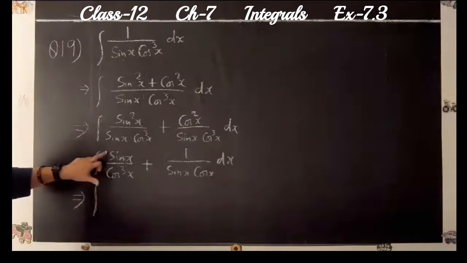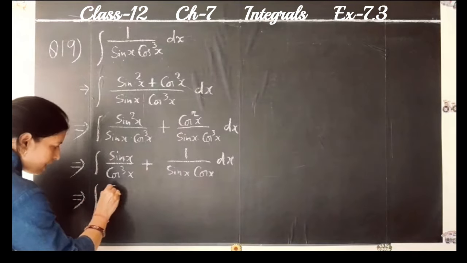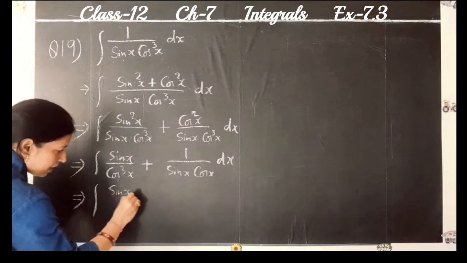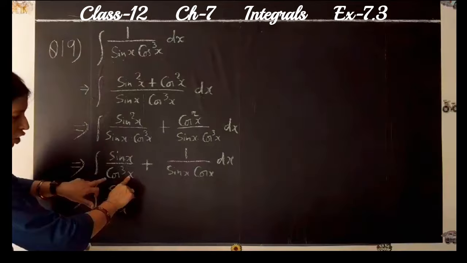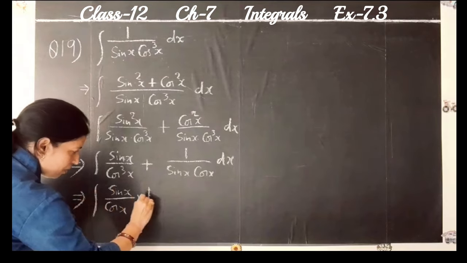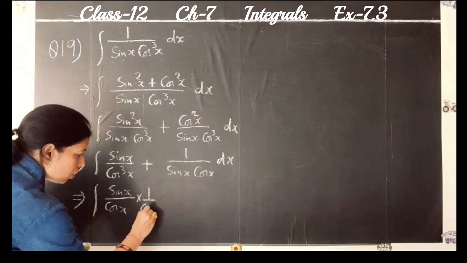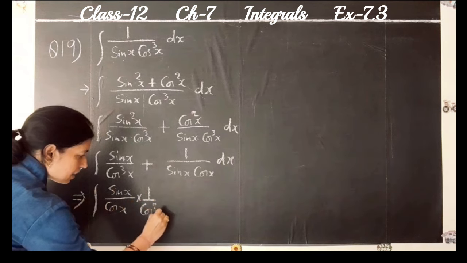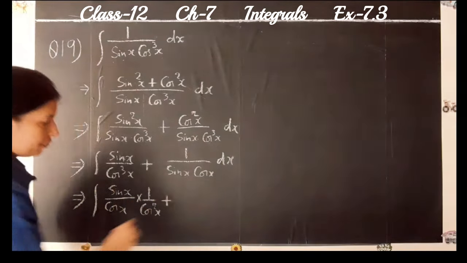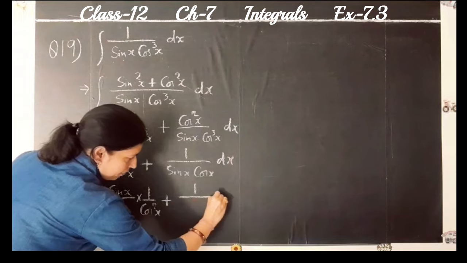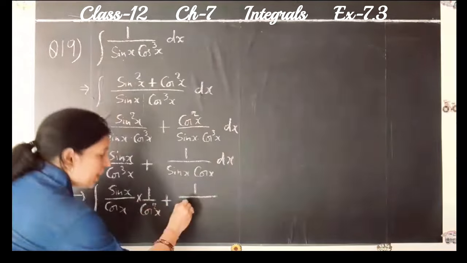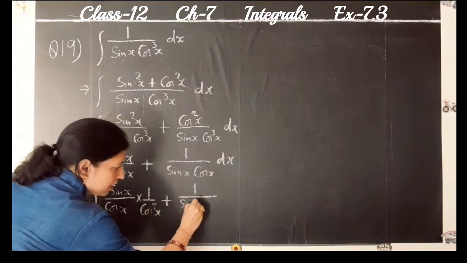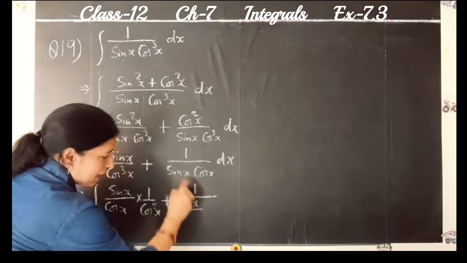Now we can write sin x by cos x. Right here, sin x by cos x. Here it is cos cube x, so we can multiply here 1 by cos square x, plus right here it is given sin x into cos x. So we can write right here sin x divided by cos x.